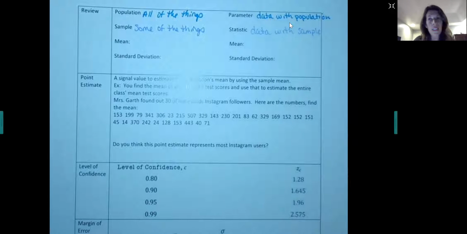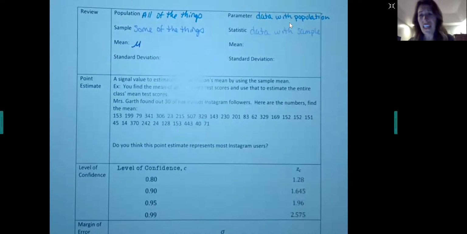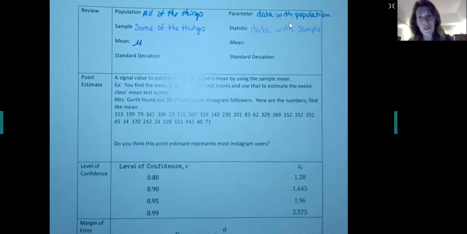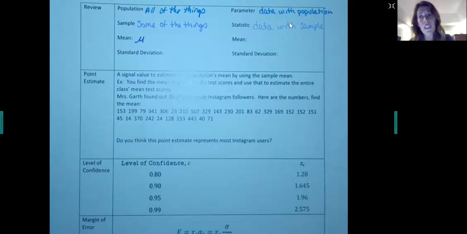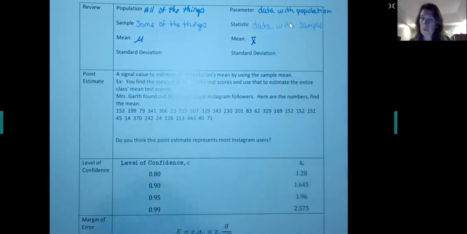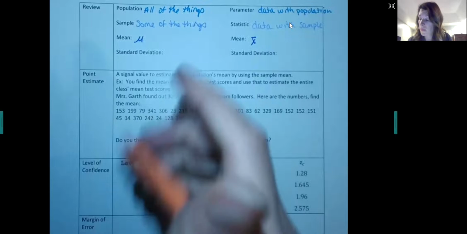Now, one of the things that we need to remember is that our mean of a population is the mu. Funny looking M, I think it's a funny looking U. Either way, it's all Greek letters. You'll need to know them. But our mean of a sample is X bar. And our standard deviation for our population is sigma.